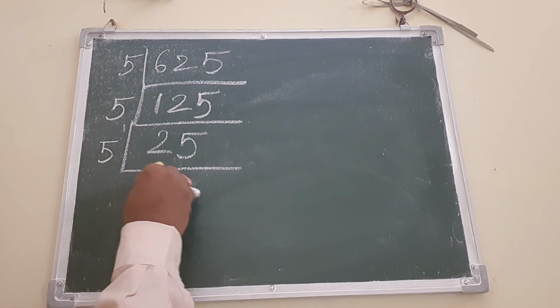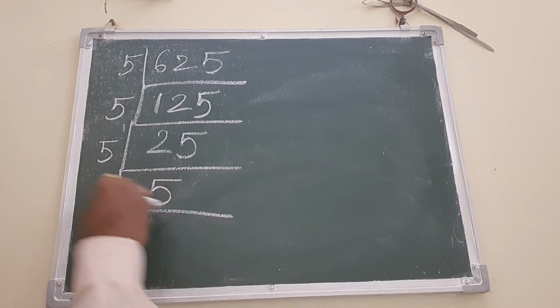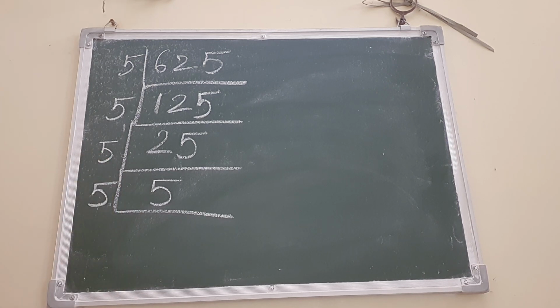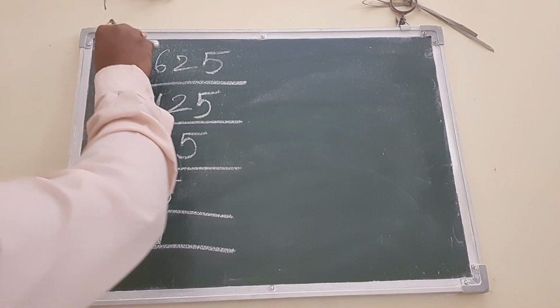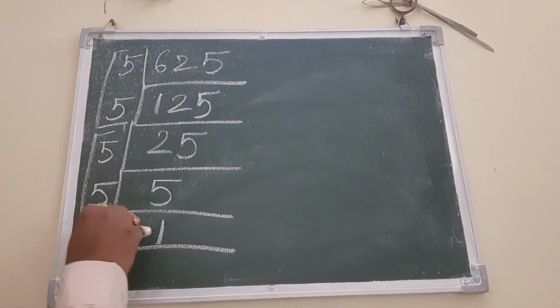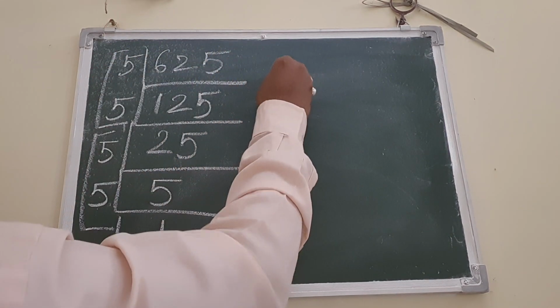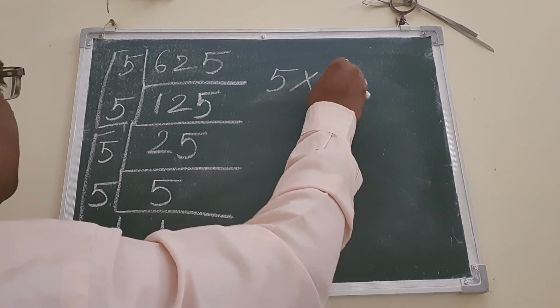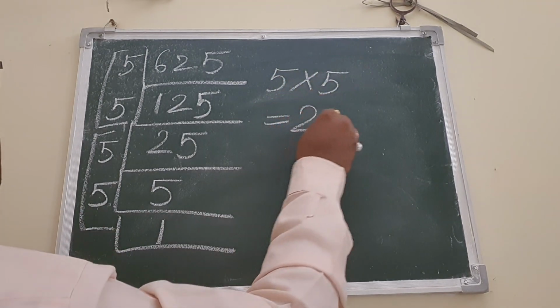So it is 5 5s are 25. Now again it is 5, so it is divisible by 5. 5 and 5. So each time it is divisible by 5, and it has four 5s. So we can make pairs of 2, so two 5s and two 5s. So we take one 5 from each pair, so it is 5 into 5, so it is 25.